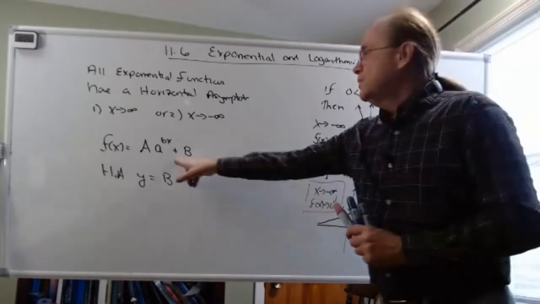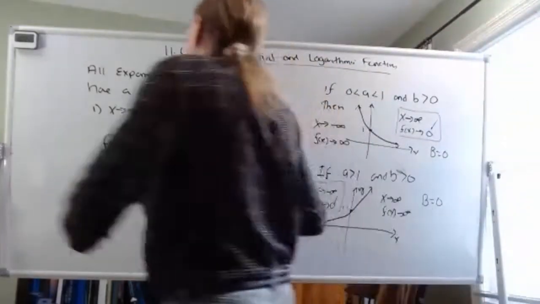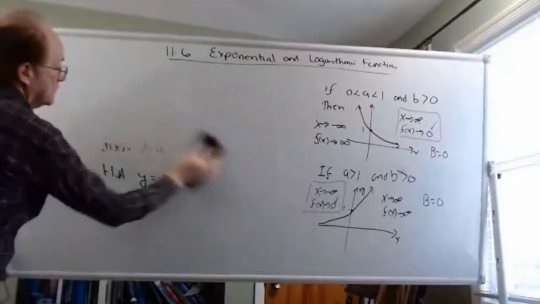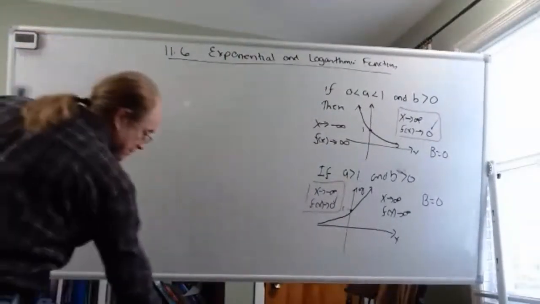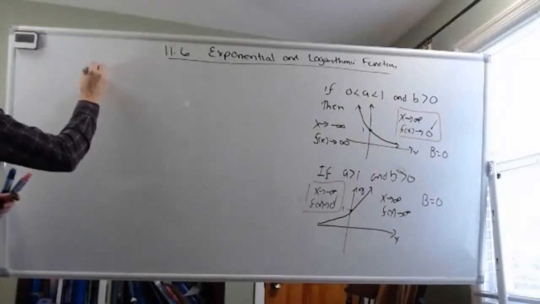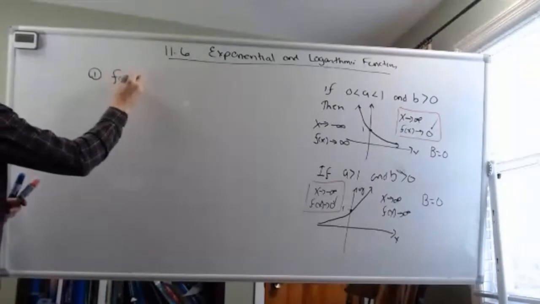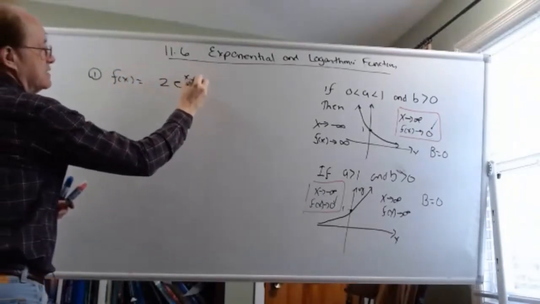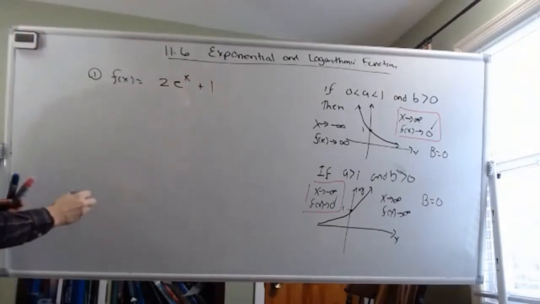So let's take a look at a few of these and get a sense for what I just put up here. I'm going to look at a few examples and you get a sense for what they look like. So say I have one example, f of x is equal to 2 e to the x plus 1.